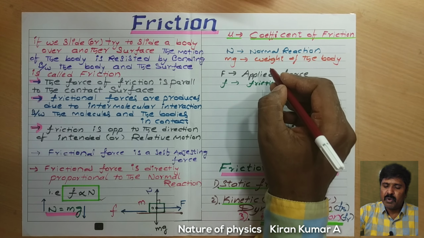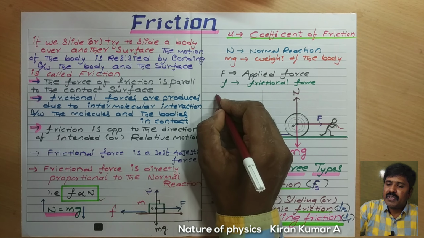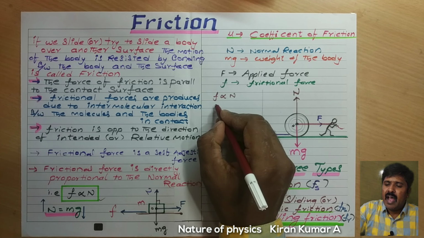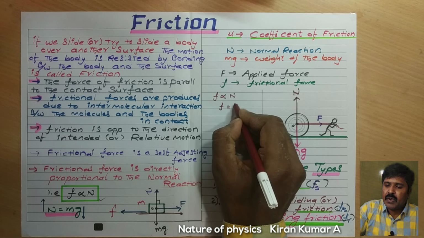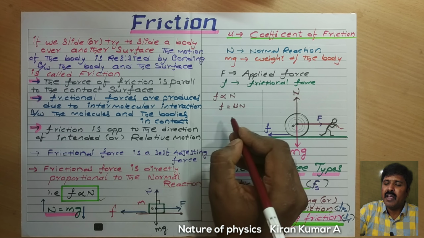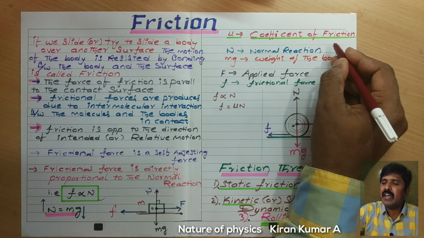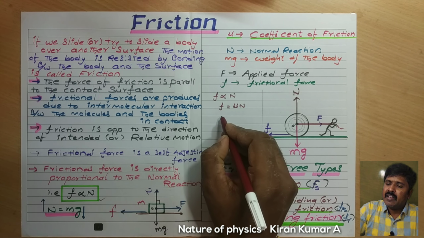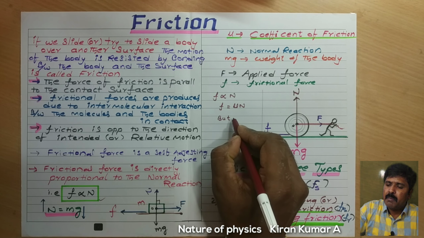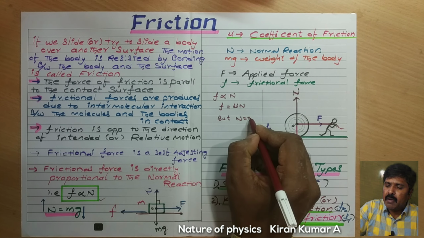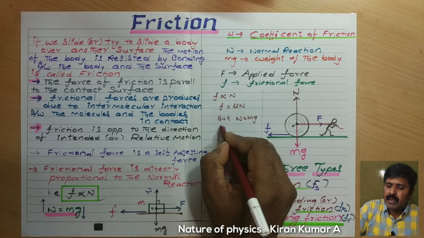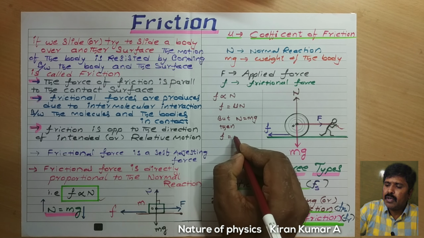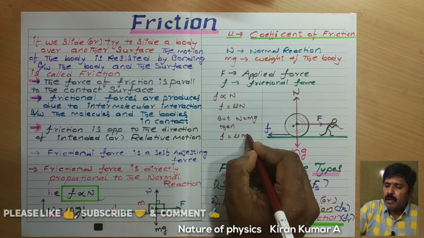Next, I am going to discuss that frictional force is directly proportional to the normal reaction, and frictional force is equal to mu into N, student, where mu is the coefficient of friction. But N is equal to mg, student, so I can write f is equal to mu into mg.